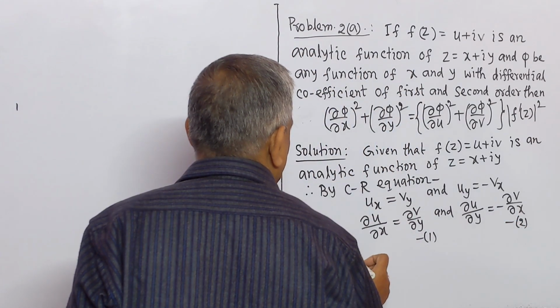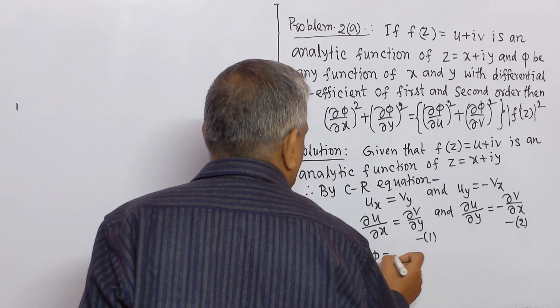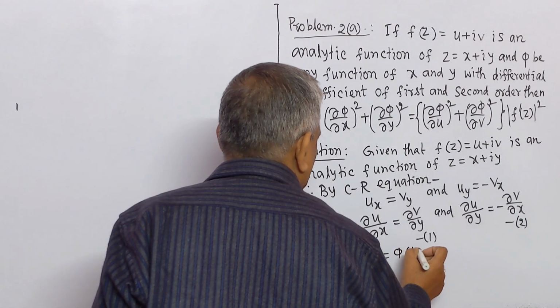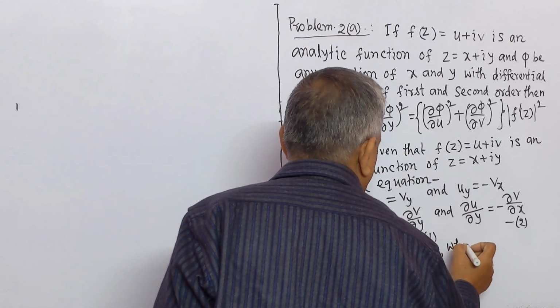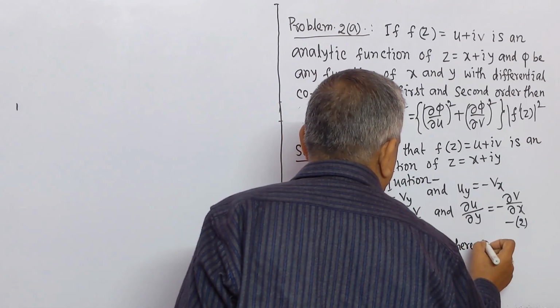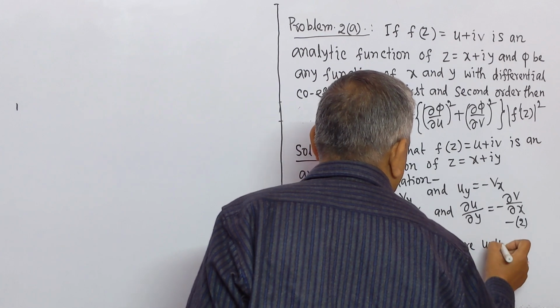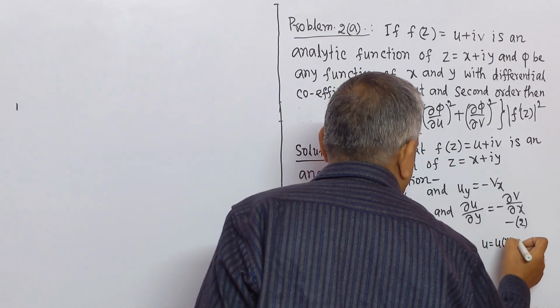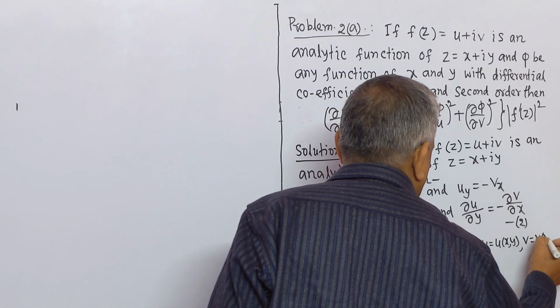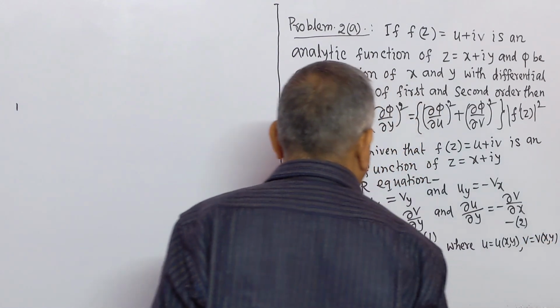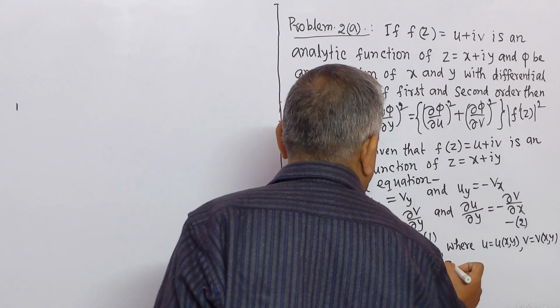Let phi be a function of u, v, where u is a function of x, y and v is a function of x, y. And this is number 3.